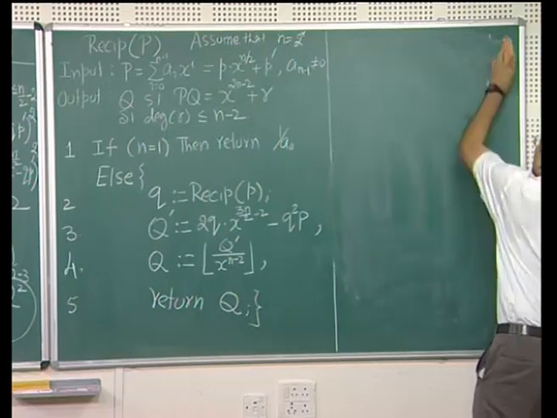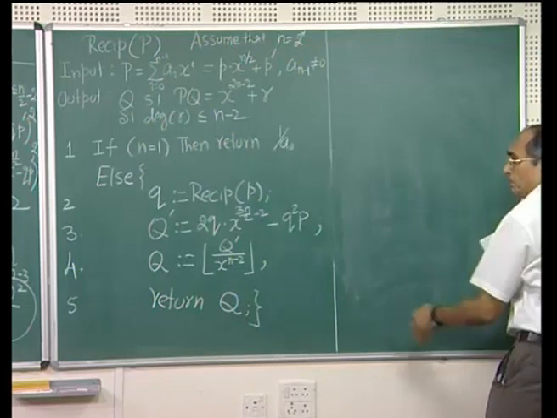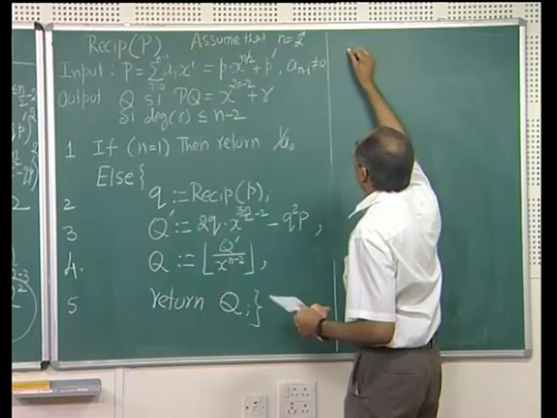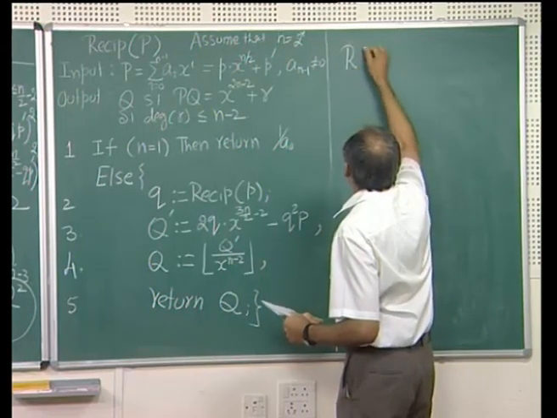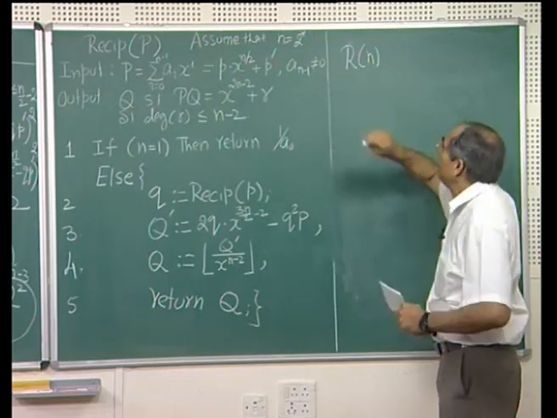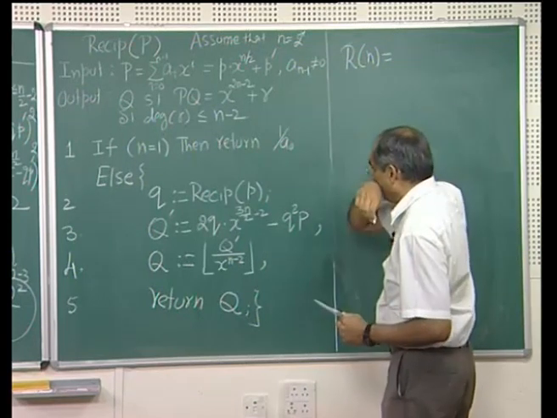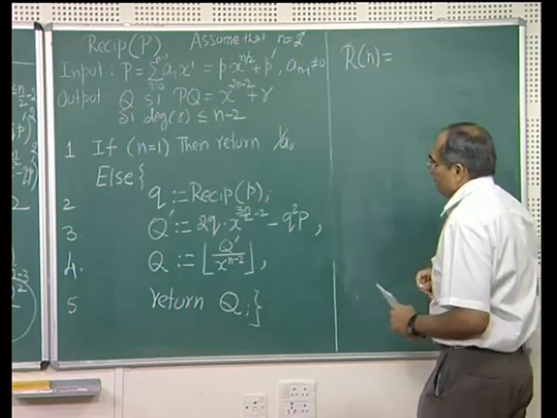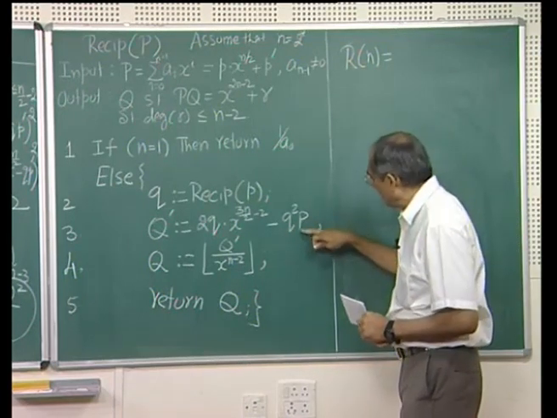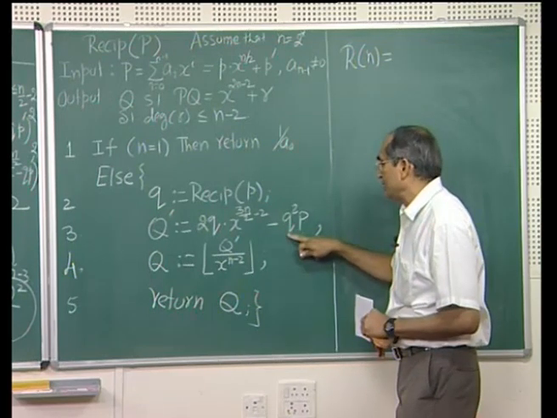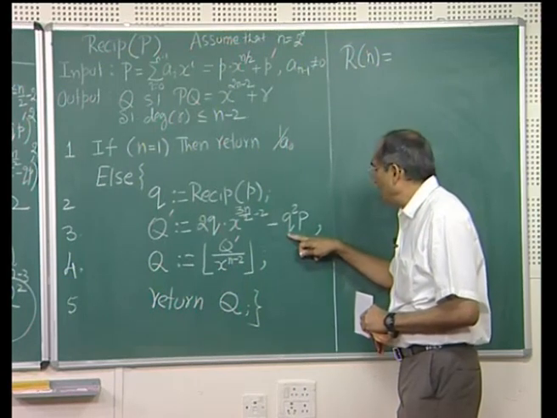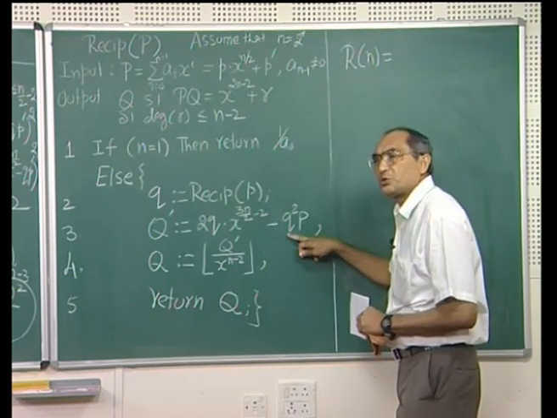This process involves, in the worst case, the reciprocal of a degree n minus 1 polynomial takes say R(n) time, then this involves one multiplication. This is of degree n minus 1, this is of degree n by 2 minus 1 into 2, which is n minus 2.